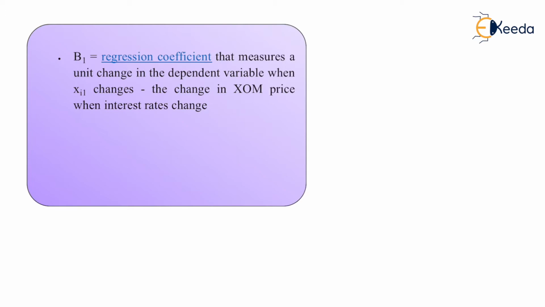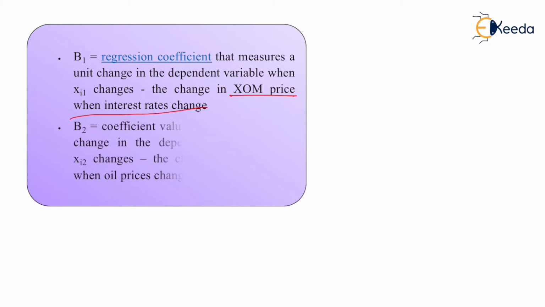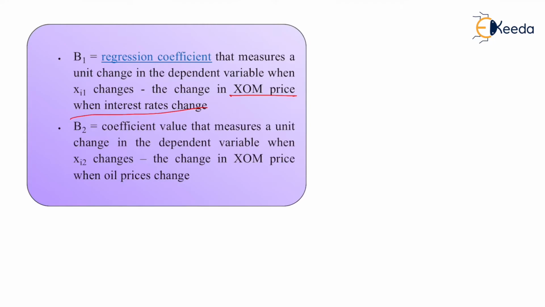So B1 is a regression coefficient that measures the unit change in the dependent variable when x of i1 changes, the change in Zoom price when interest rate changes. Then beta 2 is the coefficient that measures the unit change in the dependent variable when x of i2 changes, the change in Zoom price when oil prices change.